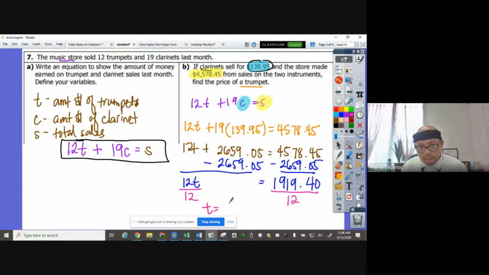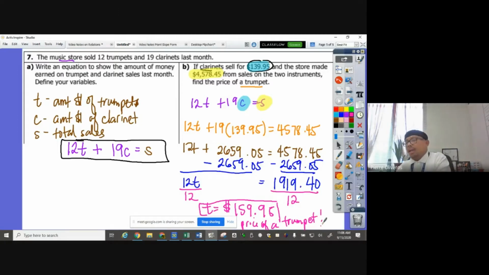Therefore, T, or the price of a trumpet, is $159.95. That's the price of a trumpet. There you have it.